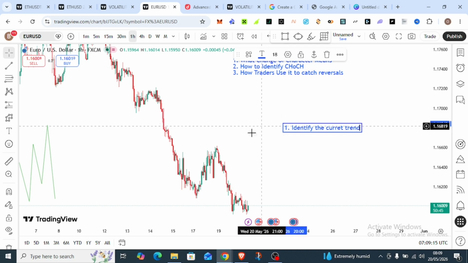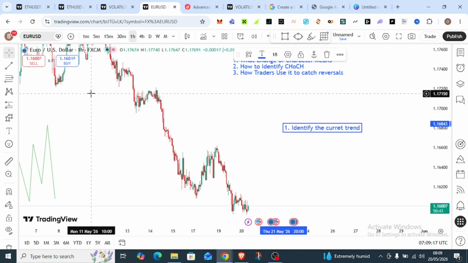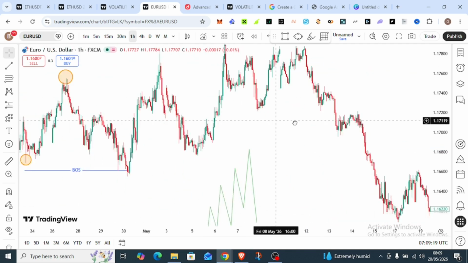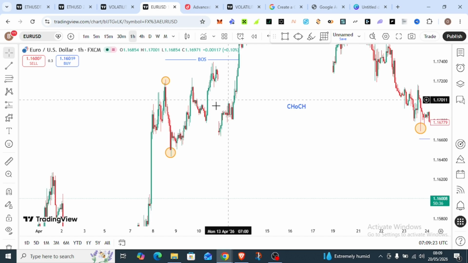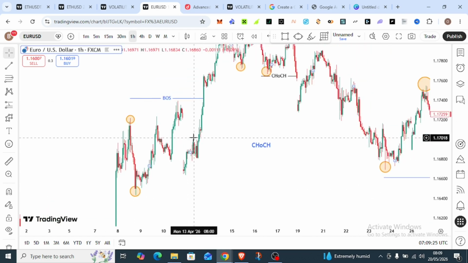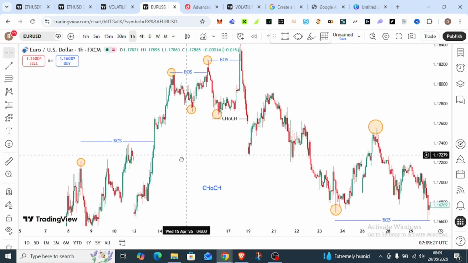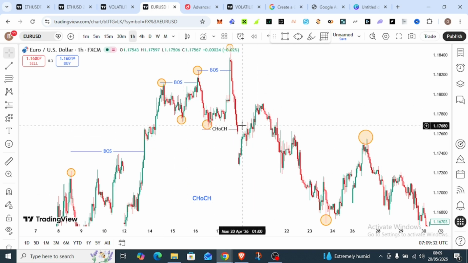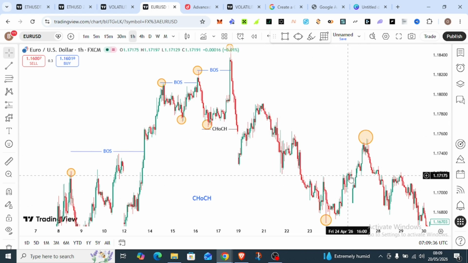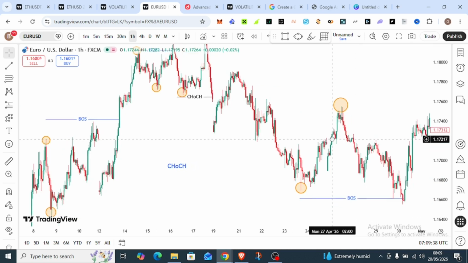As they always say, trend is your friend. In this example we did here, we can see that the current trend is bullish, which is an uptrend. This uptrend now gave us this bearish change of character that changed the structure of the current trend to bearish.